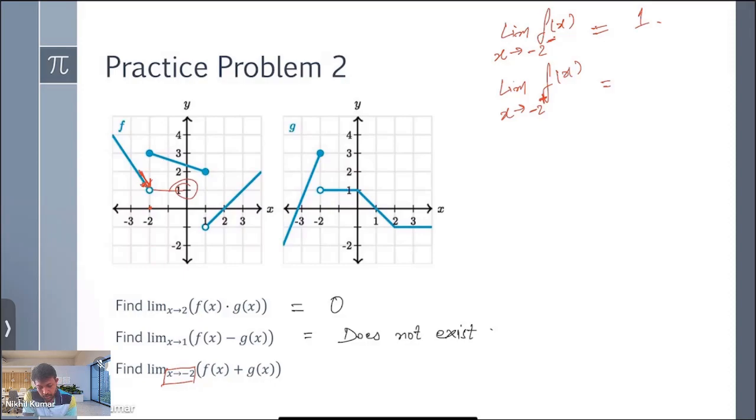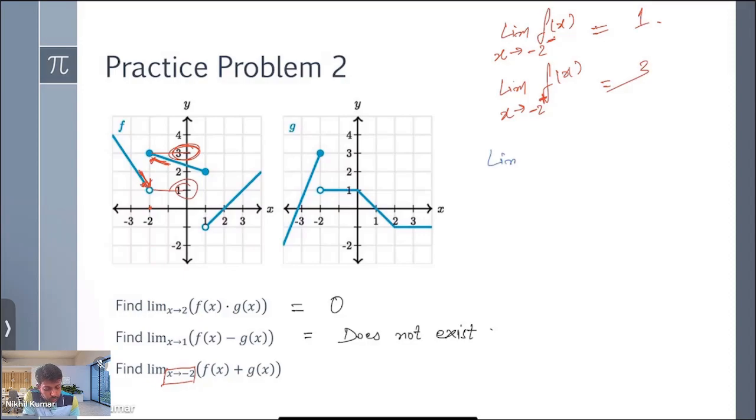when we are approaching minus 2 from the right hand side, let's see what's happening. When we are approaching it from this side, we're getting this. It's this number. Okay? Let's figure out the limit of g of x.